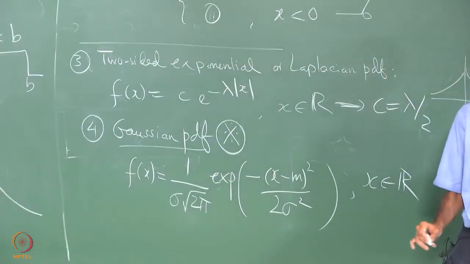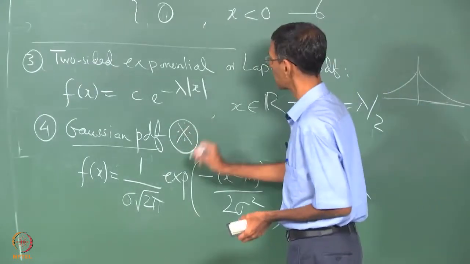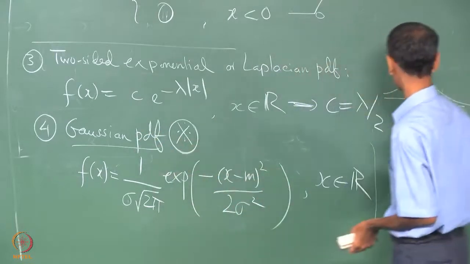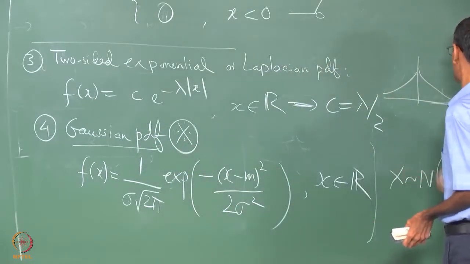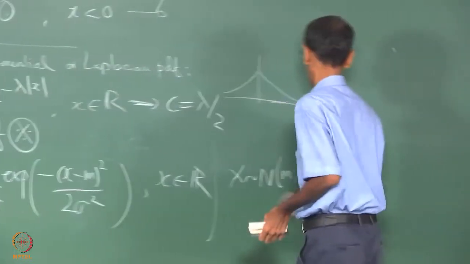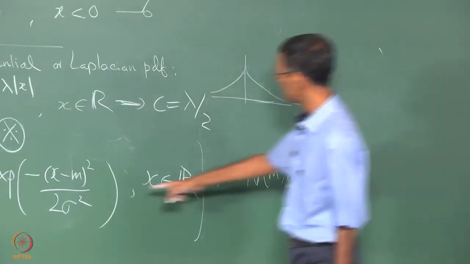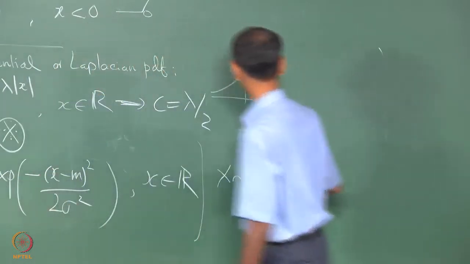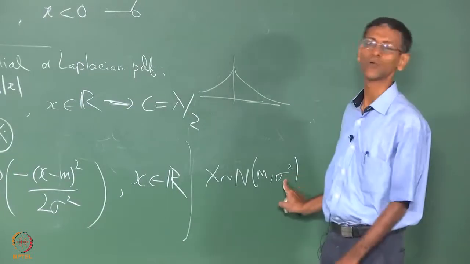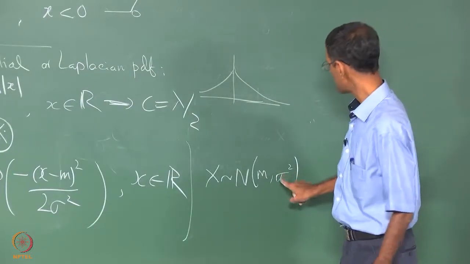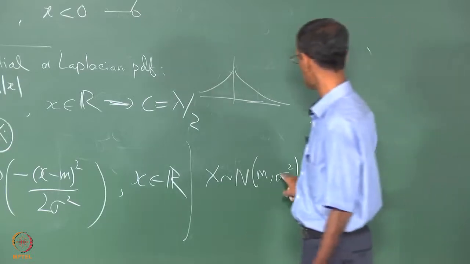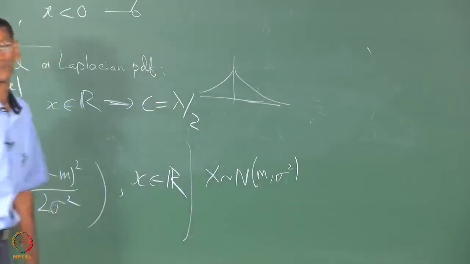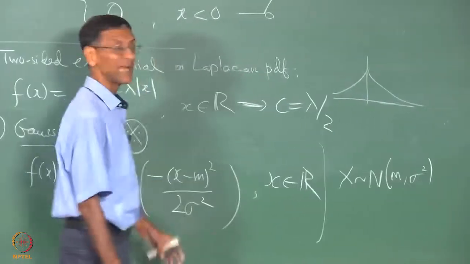This is going to be called the normal or Gaussian, and you say that a random variable with this PDF is written N(m, sigma squared). So the value of sigma squared, or if you want you can think of this as root 2 pi sigma squared, you give as a parameter here. Obviously that sigma squared is a positive parameter. M can be any real number. There is no restriction on M.